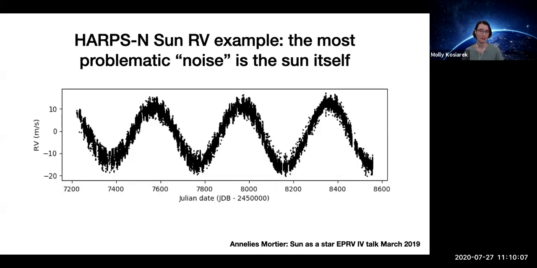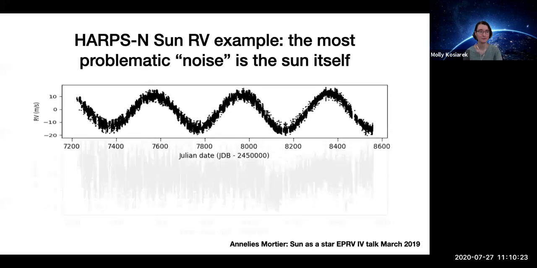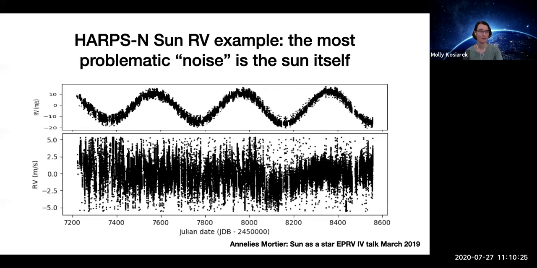The HARPS North team has been studying our sun through their spectrograph over the last couple of years. This is the total radial velocity signal from our sun, and these large-scale variations are caused by planet orbits. So if we subtract out all of the solar system planet signals, these are the residuals, and there's a 5 meter per second residual signal caused by the sun itself.